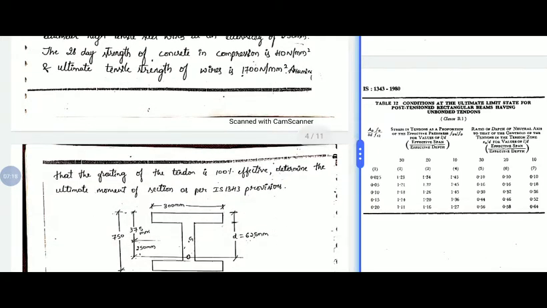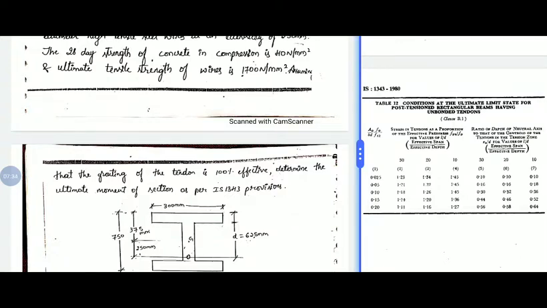The 28-day strength of concrete in compression is 40 Newton per mm square and ultimate tensile strength of wires is 1700 Newton per mm square. Assuming that the grouting of the tendon is 100% effective, determine the ultimate moment of the section as per IS 1343 provisions.